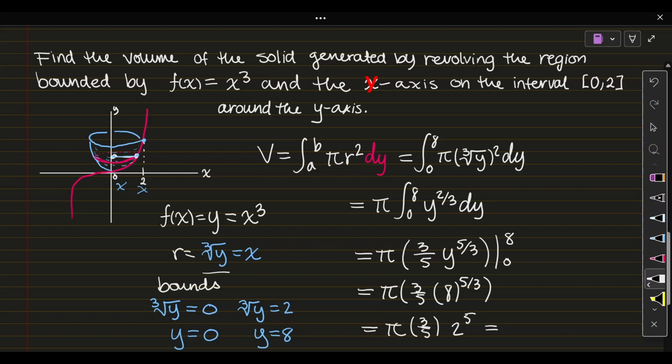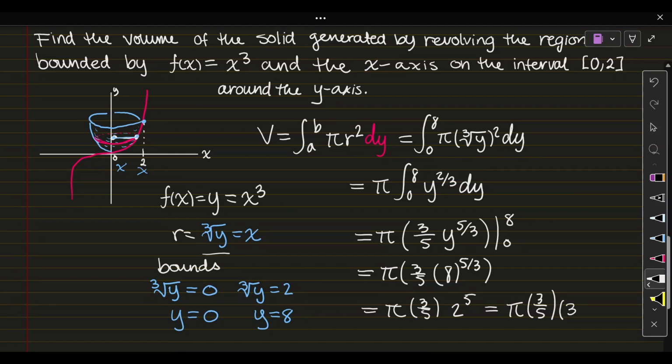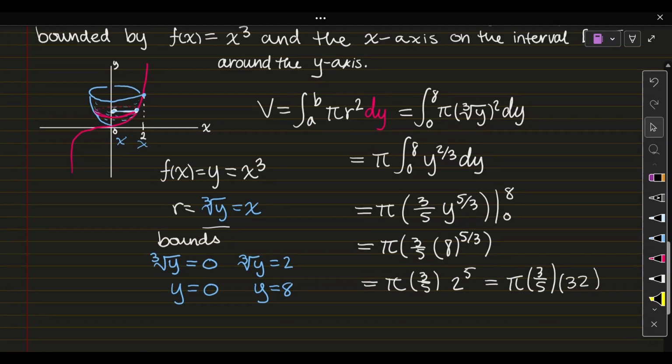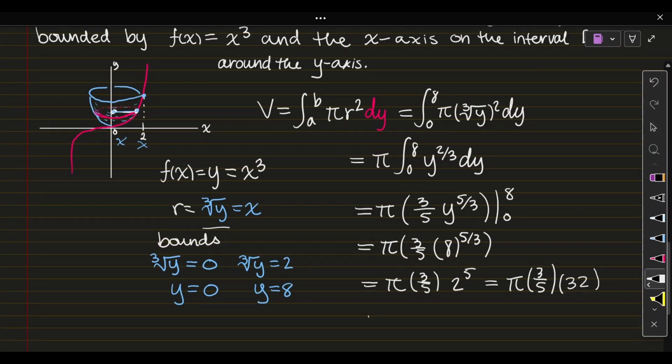Now this is going to be pi times 3 over 5 times 32. So my final volume here of this bowl-looking thing is going to be 32 times 3, which is 96 over 5 pi. There we go.